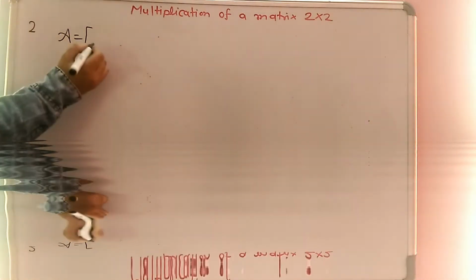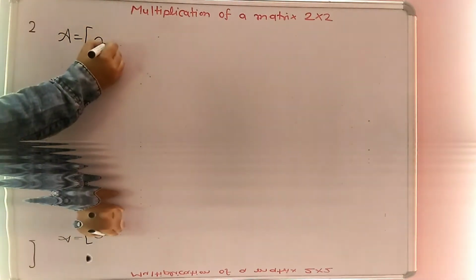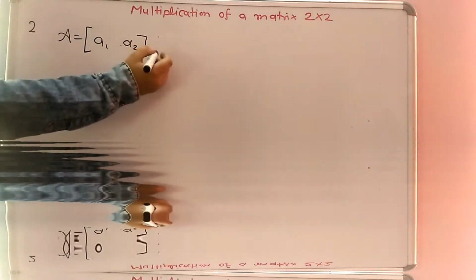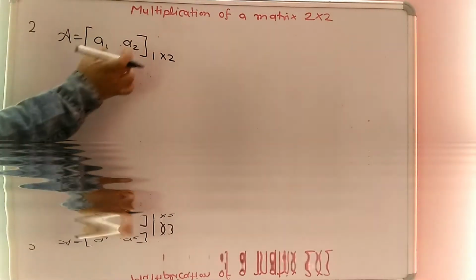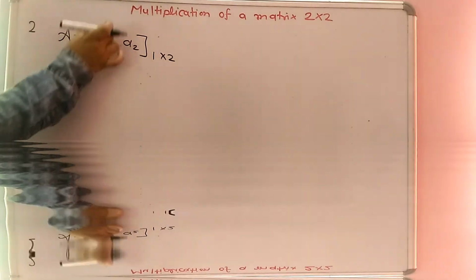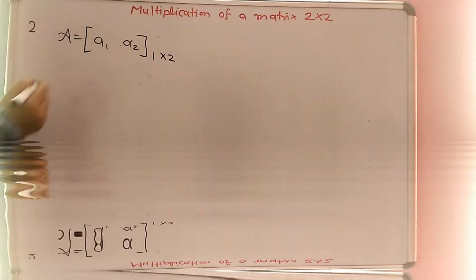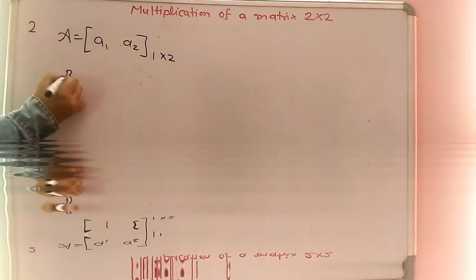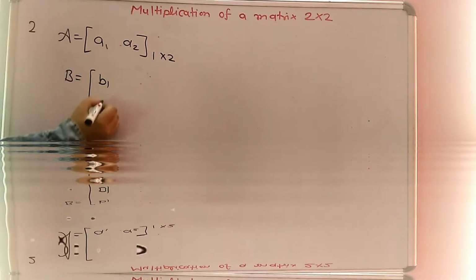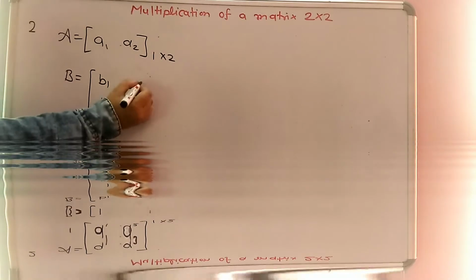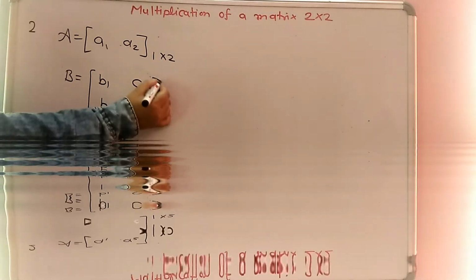Here we take matrix A, A1, A2, which is 1 cross 2. The row of this matrix is 1 and the column of this matrix is 2. Okay. Next we take the next matrix B1, B2, C1, C2.